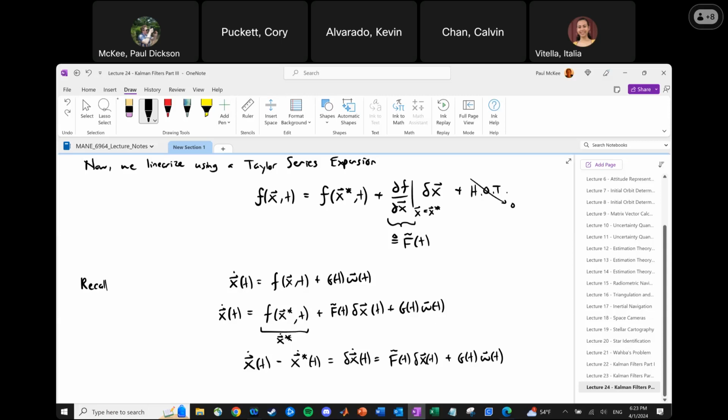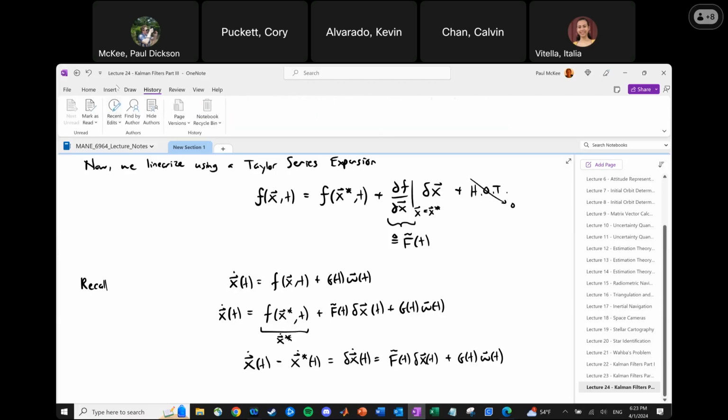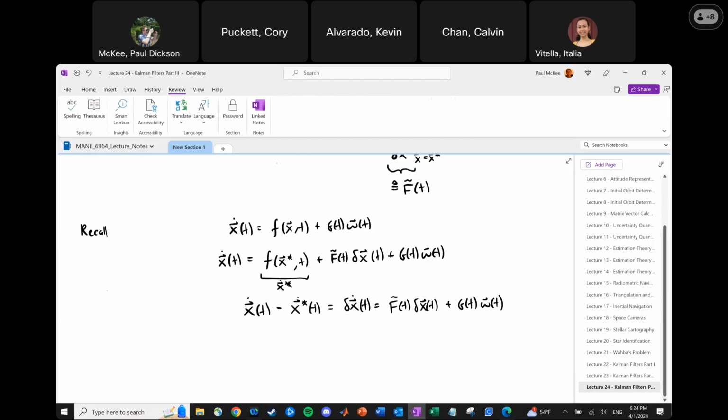So if we linearize with respect to this reference trajectory, we can propagate the deviation, not the state, using linear equations.